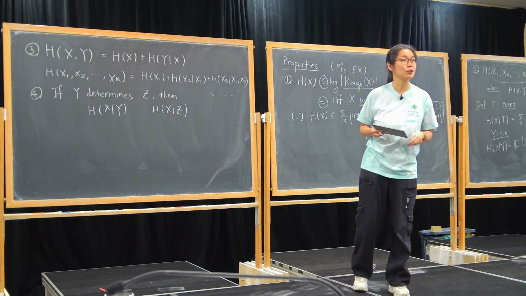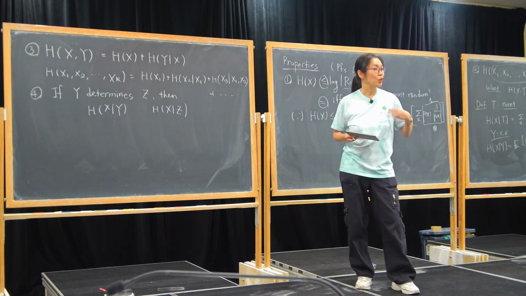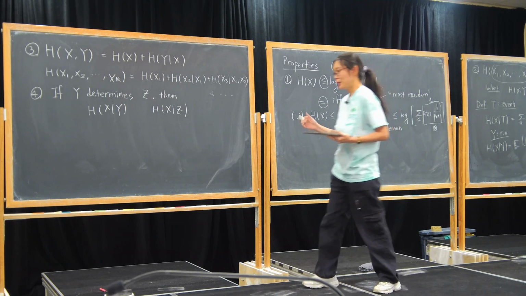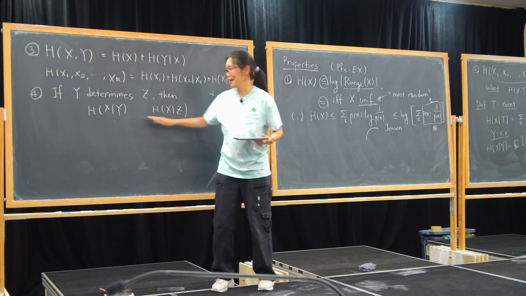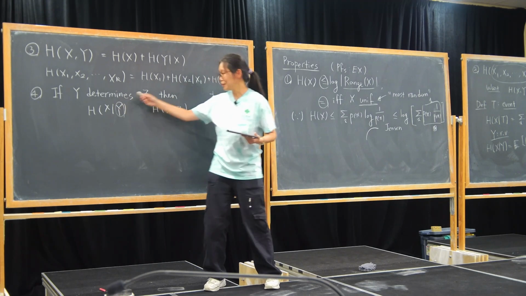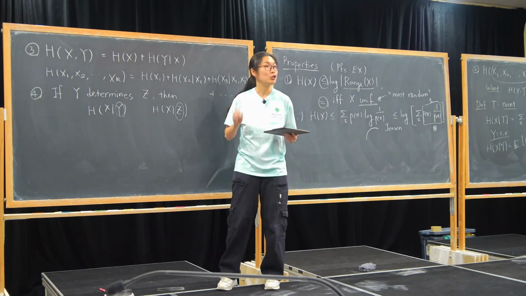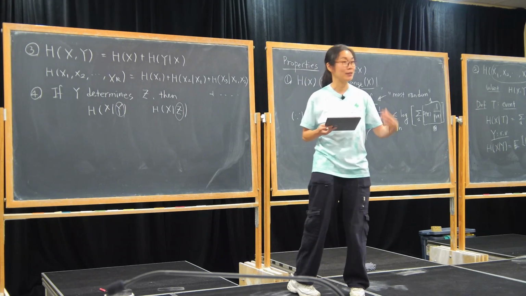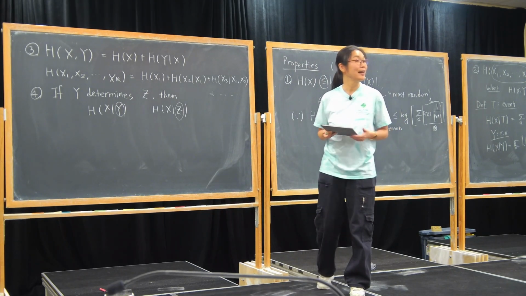Which one should be smaller? With the intuition that the entropy of X is the amount of randomness in the random variable X, if we compare these, and Y determines Z, which one should contain less randomness or less information?